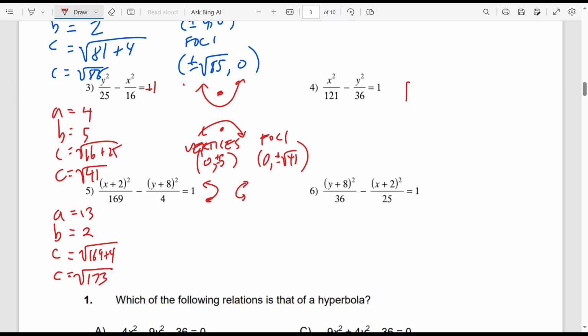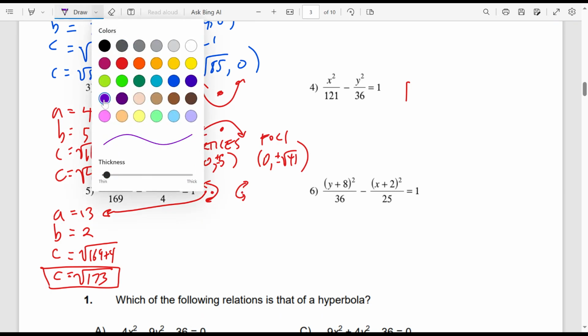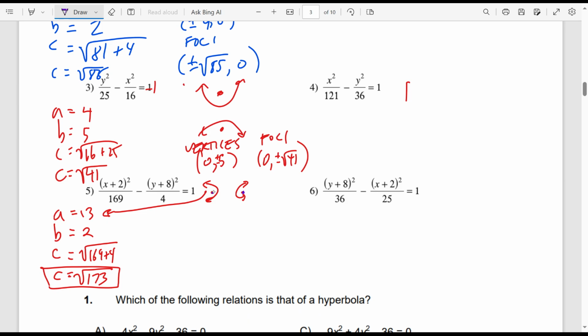That's super important because what it tells me now is my vertices relate to A. And that means that my foci is going to exist on the x-axis because my foci is going to be here and here. Those are going to be my foci. Those are going to be my vertices.